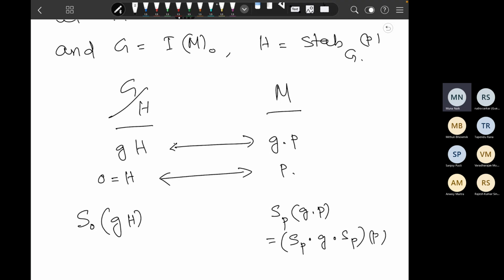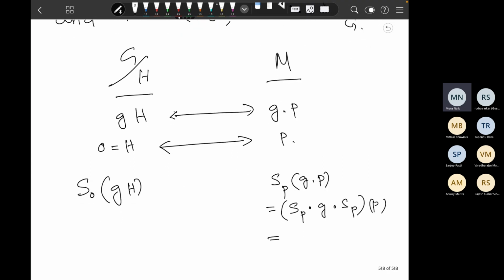This is clear because s_p fixes p. So s_p g composed with s_p is really sigma of g. But I want to describe this in the quotient picture. So this will correspond to sigma(g)H.